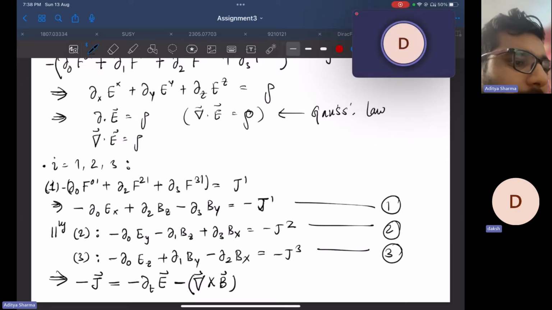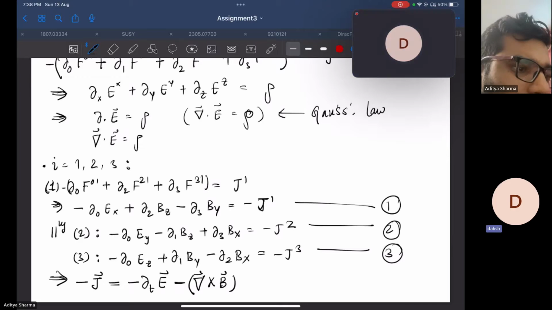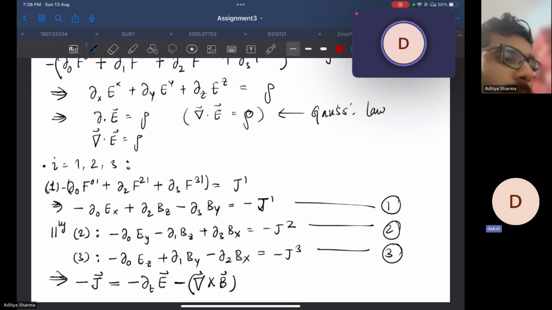Is this plus curl of B? In J1 it is positive, right?